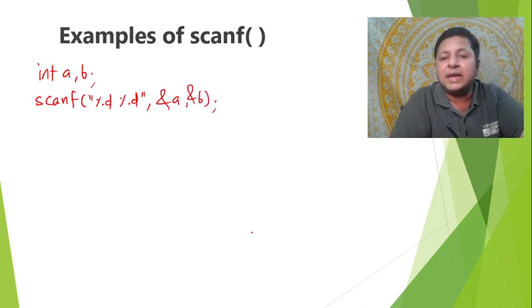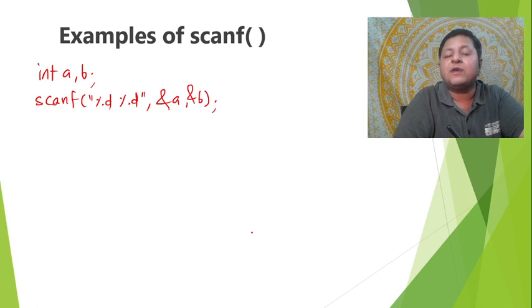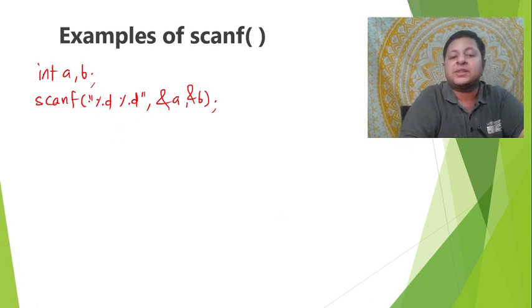Even if the format specifiers of both arguments are the same, you have to repeat them. There could be a space in between the two, or you can keep no space. That's absolutely fine.